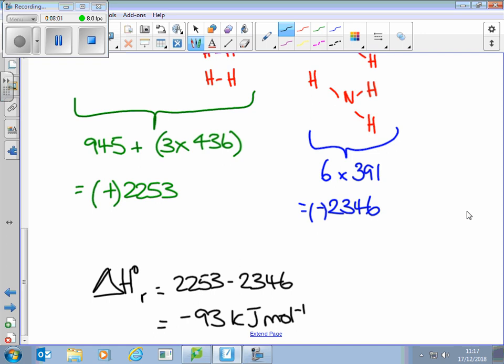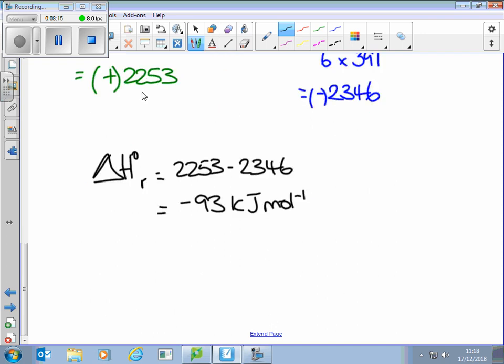So it's sometimes best just to leave them as digits, not to put the signs in, or to put them in brackets, and then do the calculation as I've got it down here. So it's your energy on the left minus your energy on the right, which gives you the overall energy change for the complete reaction, and there it's minus 93 kilojoules per mole. So there is some heat coming out when nitrogen and hydrogen react together to make ammonia. So that was where we left it.